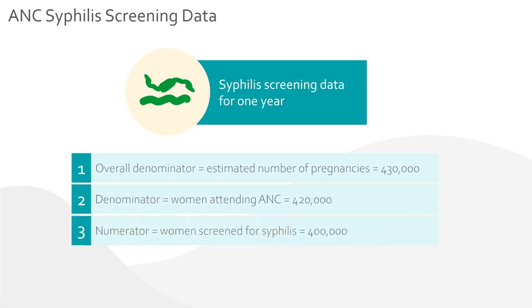The number of women screened for syphilis, not the number of screening tests, which may include duplicates, is the numerator. For example, 400,000. The overall ratio is 400,000 over 430,000, which is equal to 93% of pregnant women screened, or 400,000 over 420,000, which is equal to 95% of ANC attendees screened.